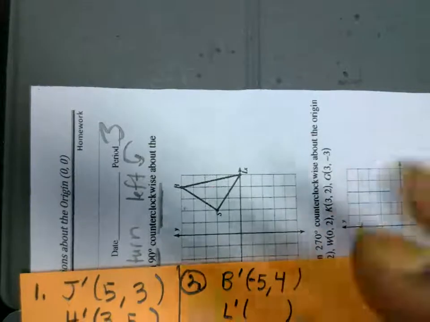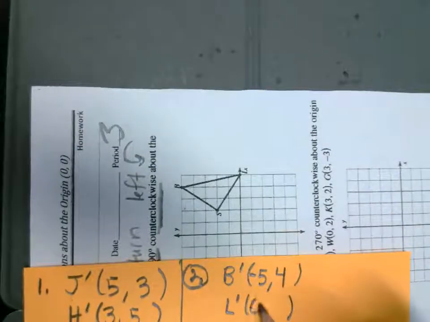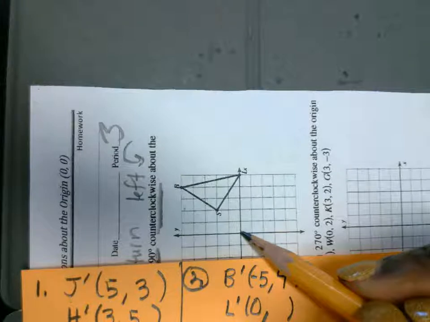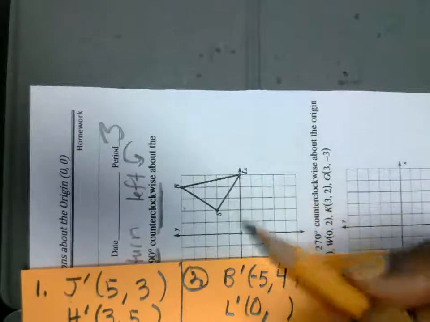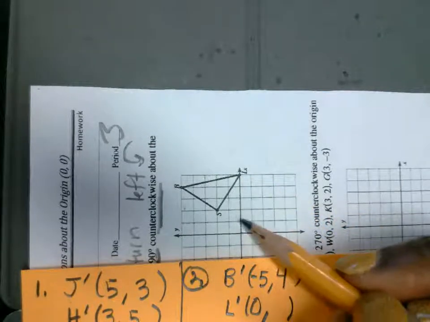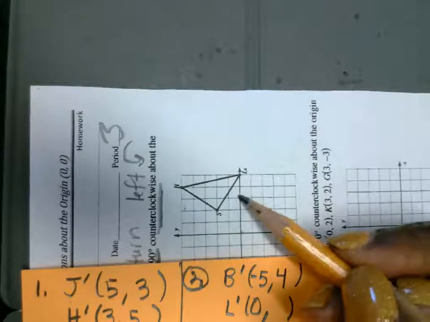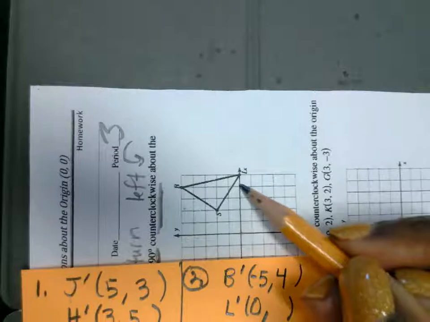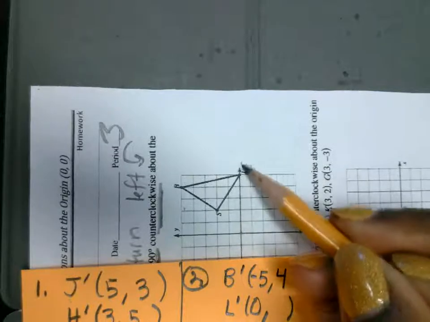No. So that's 0. Okay, I'm going up or down? Where is L? L is here. Am I going up or down? How many? So it's positive 1, 2, 3, 4, 5. That's +5.